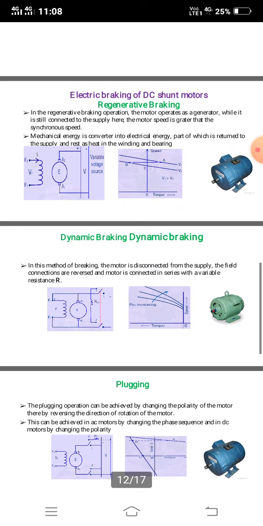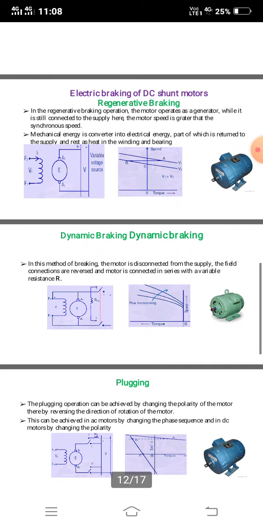This can be achieved in an AC motor by changing the phase sequence, and in a DC motor by changing the polarity.